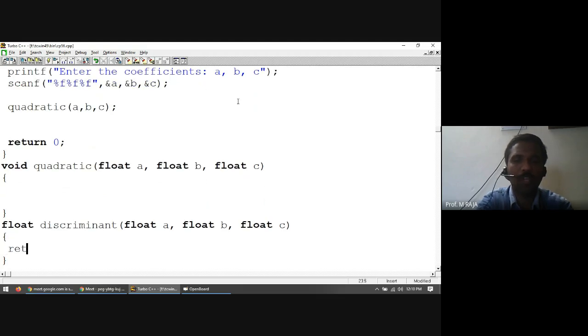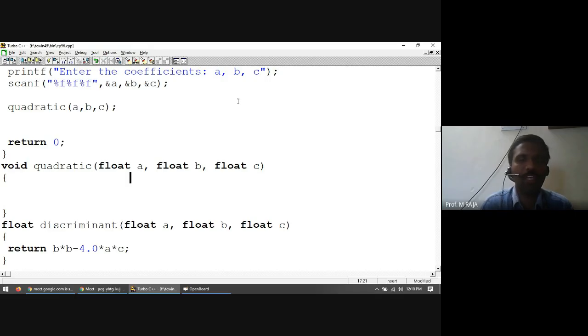Simply, we return the expression b square minus 4.0 star a star c. You can ask, why should we define one more function? Since a function simplifies a complex task, if we have a complex problem, it is better to split it into several sub functions.